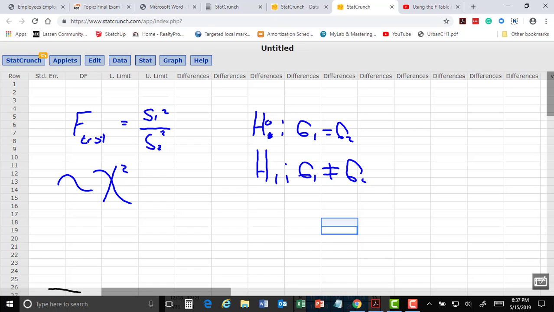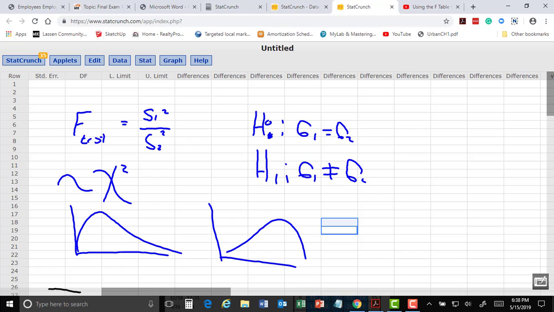We have F and another one called FR. We're going to have two critical values. By the way, a chi-square is skewed. It either looks like this or it could look like this, but it's definitely not normal, but it's skewed.